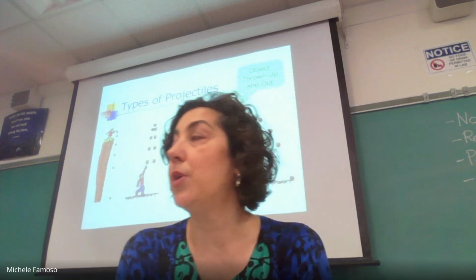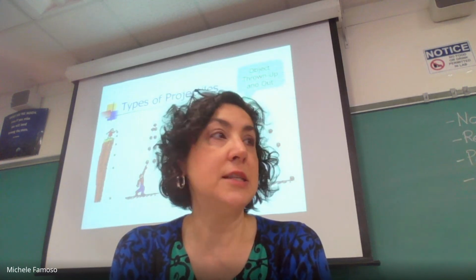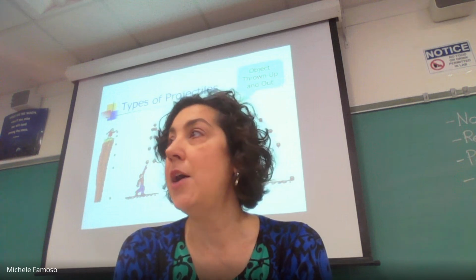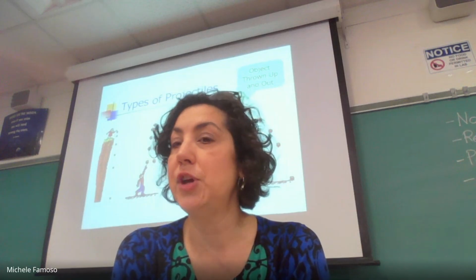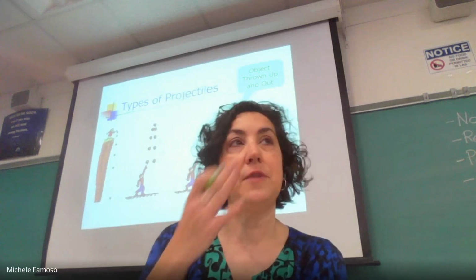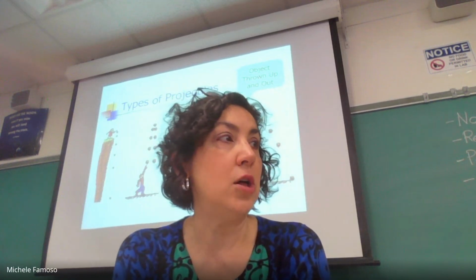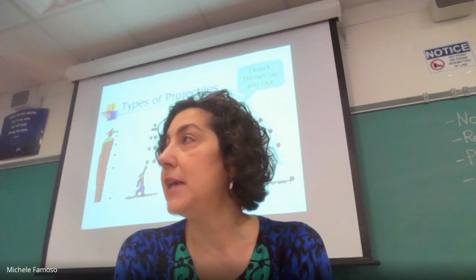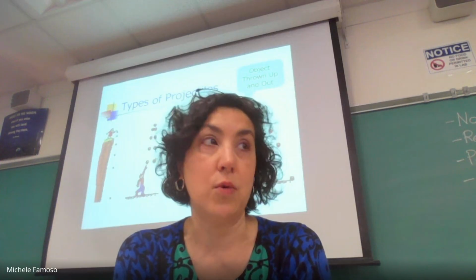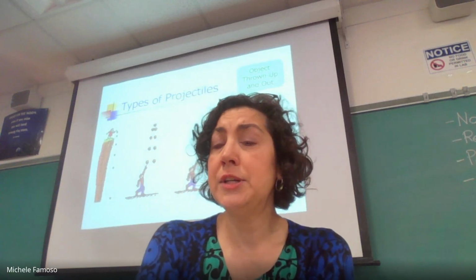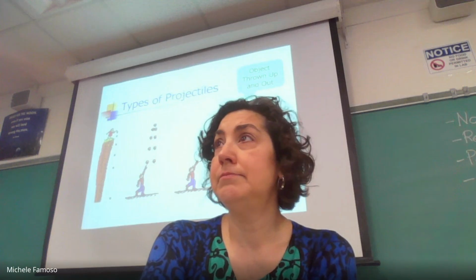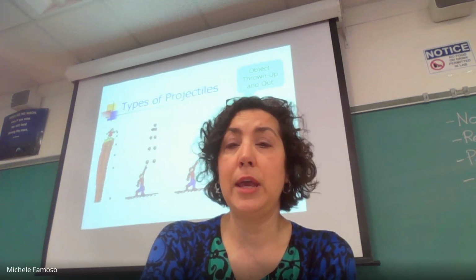This is the type that we're going to focus on, though. Things that go up and down while they are moving outwards. Objects that are given some type of velocity at an angle, so they not only go up and down, they also go outward. And you can see the kind of path that we get there.